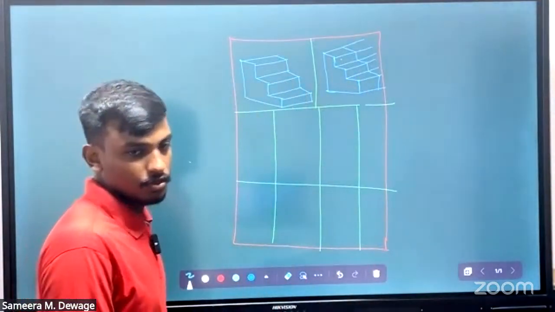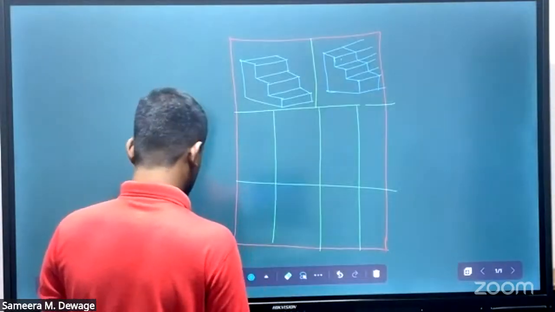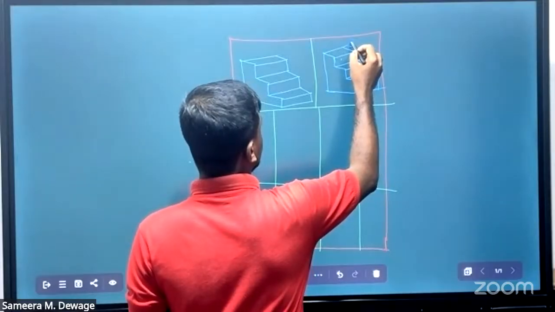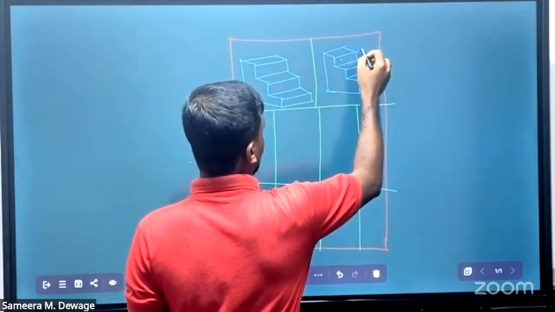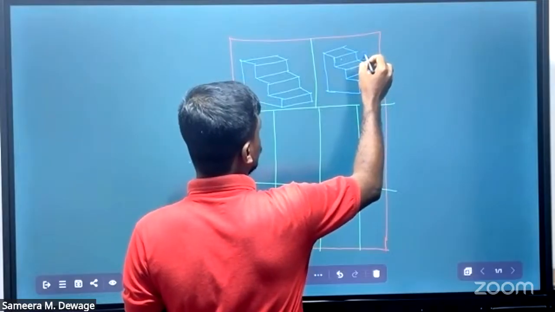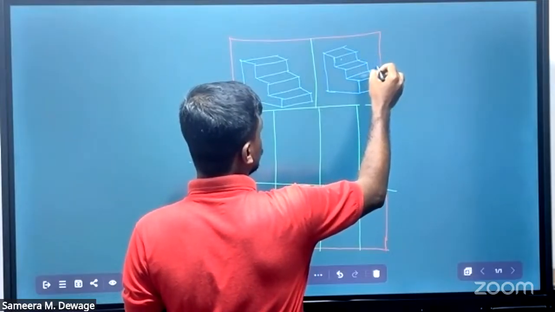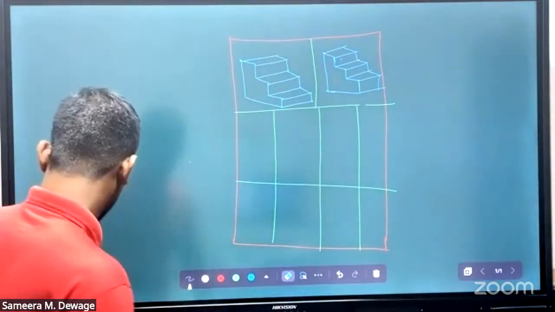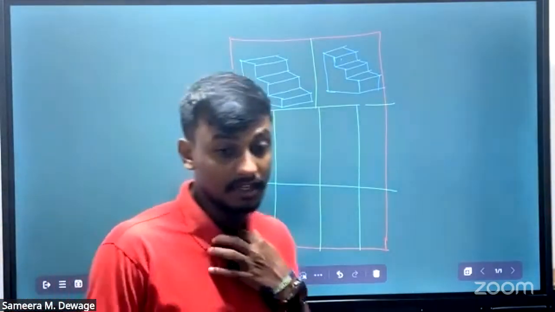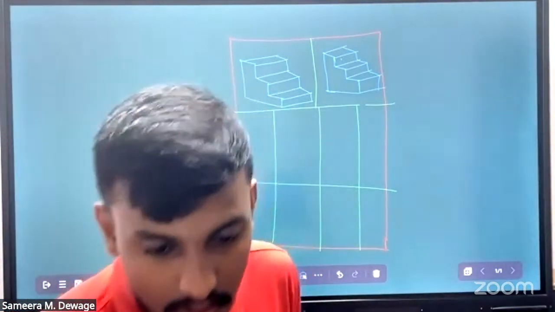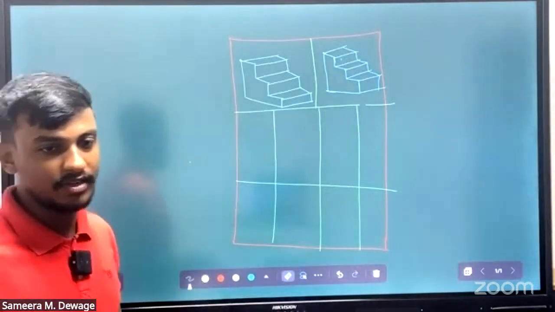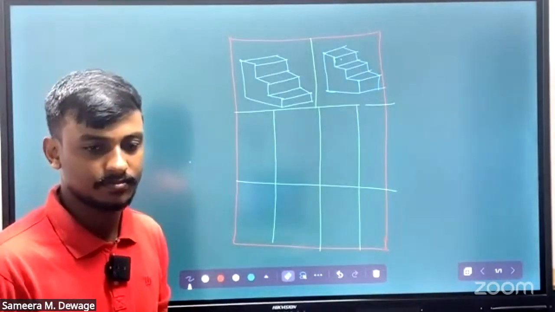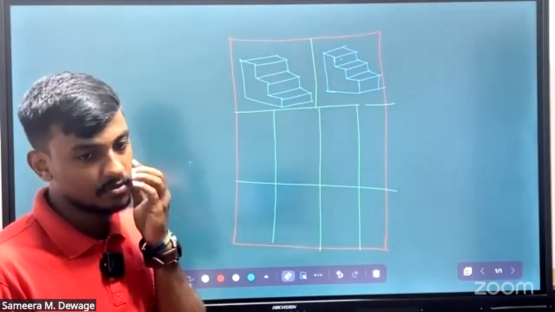Right. So you need to draw like this. Quickly draw this and raise your hand after you finish. Please raise your hand after you finish.